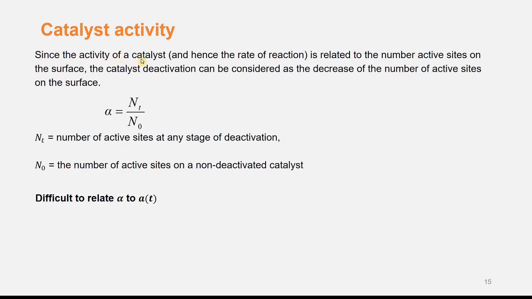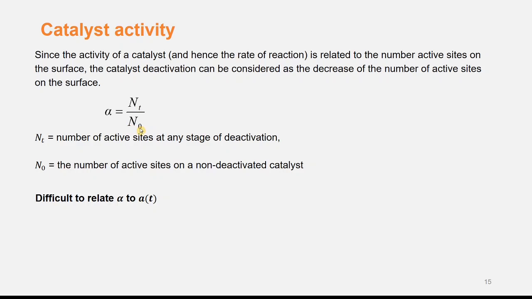Since the activity of a catalyst, and hence the rate of reaction, is related to the number of active sites on the surface, the catalyst deactivation can be considered as the decrease of the number of active sites on the surface. Another way of defining activity is by taking the ratio of the number of active sites on the surface at time t, so that's n subscript t, to the number of active sites when the catalyst is fresh, so n subscript 0.